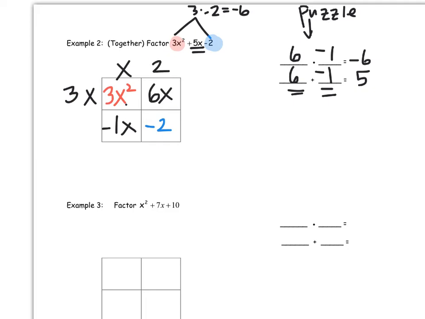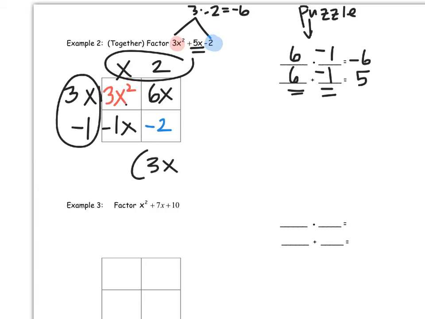That's a 2. If I were to have put the 3 here, that would be much harder to do. So you might get caught in a little trap where, if you put the 3 here, you would have to rearrange it. So 3 has to go here. And then x times this would be negative 1. All right, so these are our answers. So our answer is 3x minus 1, close parentheses, and then x plus 2.